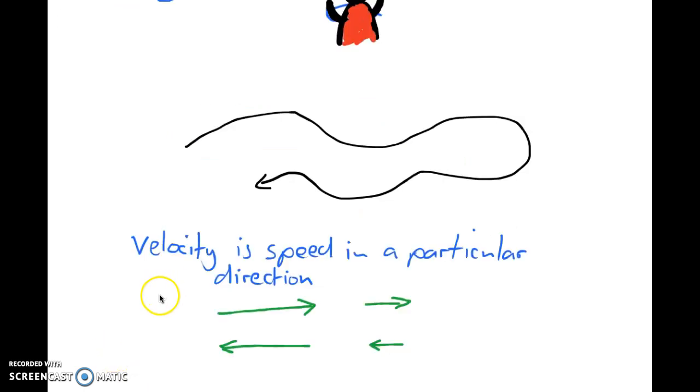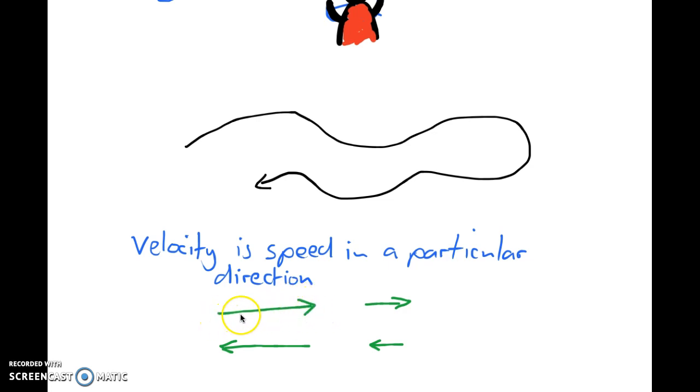Velocity is speed in a particular direction. It's what we call a vector quantity. Now, whenever we show velocity, we need to specify a direction, and we can do this by using an arrow. So, for example, this arrow here represents a speed to the right, quite a big speed to the right.